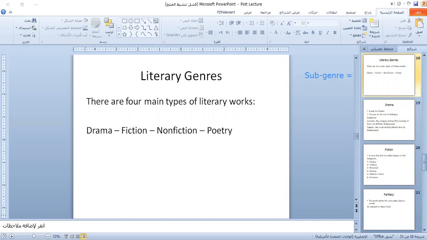Okay, what is fantasy? Fantasy is like having a world that is not real. The example given here is the novel Harry Potter. Let me explain. We have, for example, a place called Hogwarts, and this place doesn't exist. It's a school for wizards, and it doesn't really exist in real life.